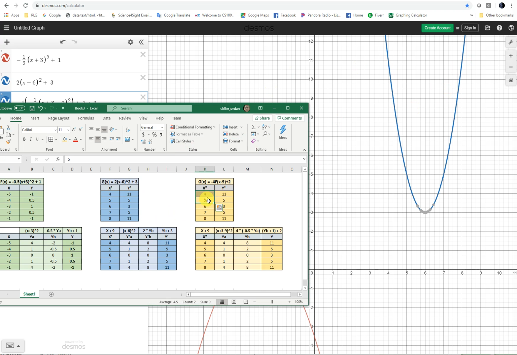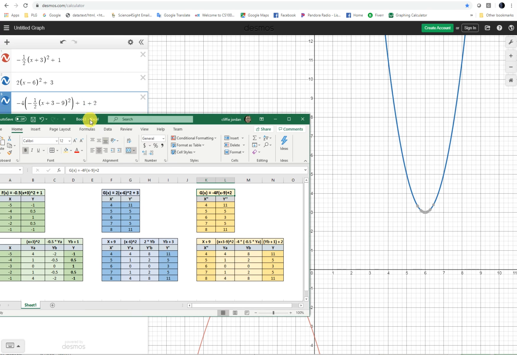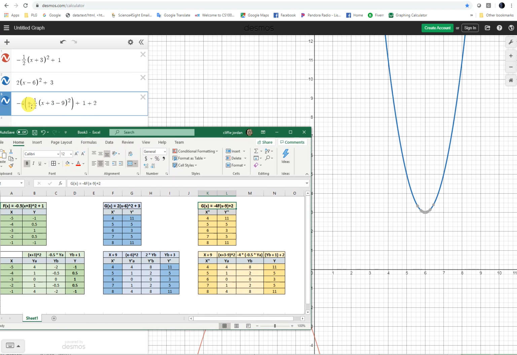Okay? Now the question is, is there any way that I can use f of x, use this formula, and use those translation factors for this formula to get the same as this formula? And that's what this is here. Notice that g of x is equal to -4 times f of x minus 9 plus 2. That should look very familiar to you. It's kind of what we had right up here.